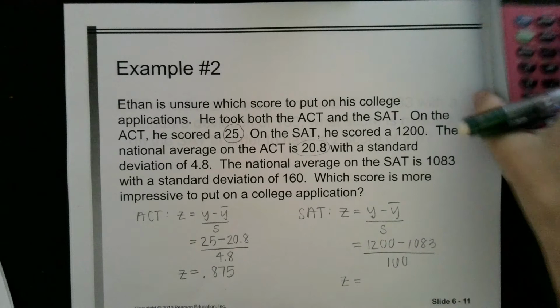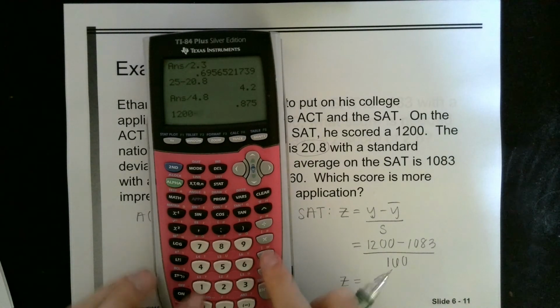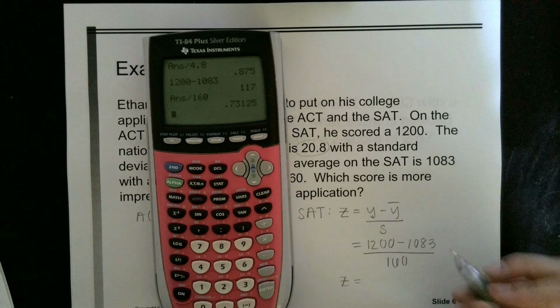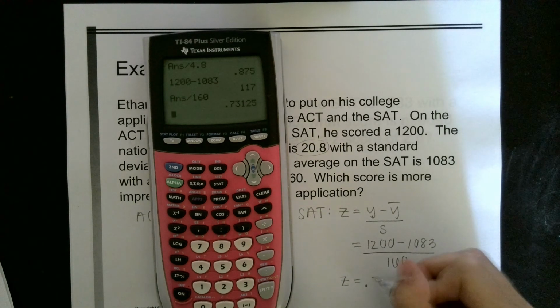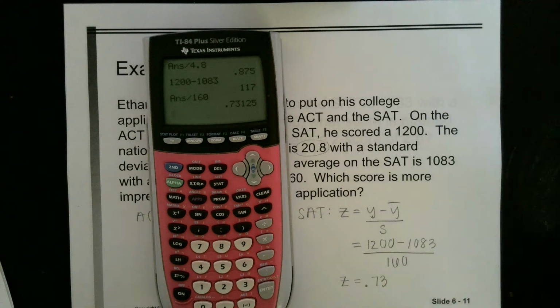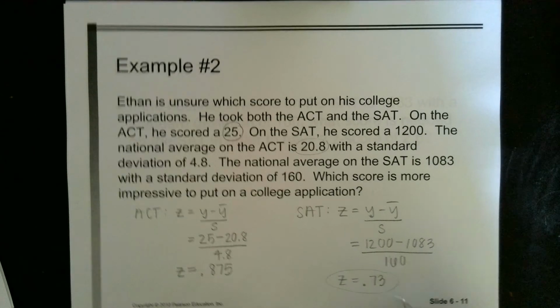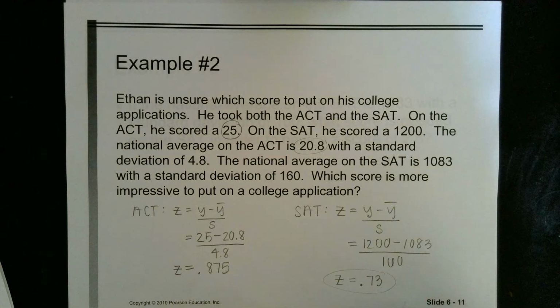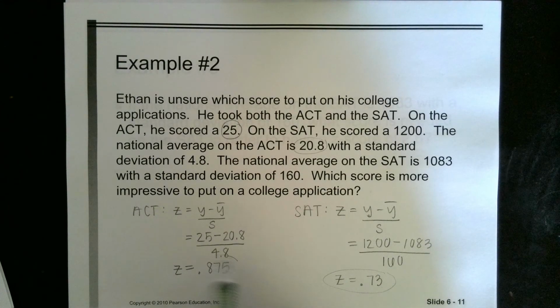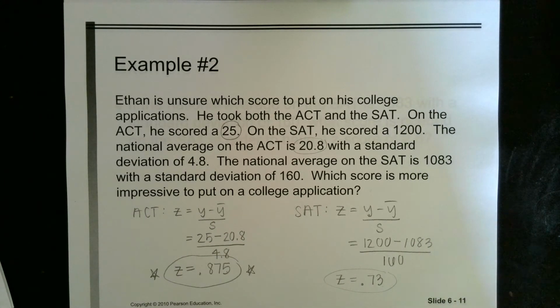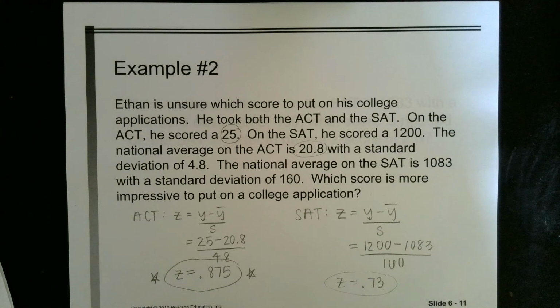And his z-score for the SAT is 0.73. So although he was above average again with the SAT, he's only 0.73 standard deviations above average. So which one is more impressive? His ACT is more impressive because it's farther away, farther above the average.